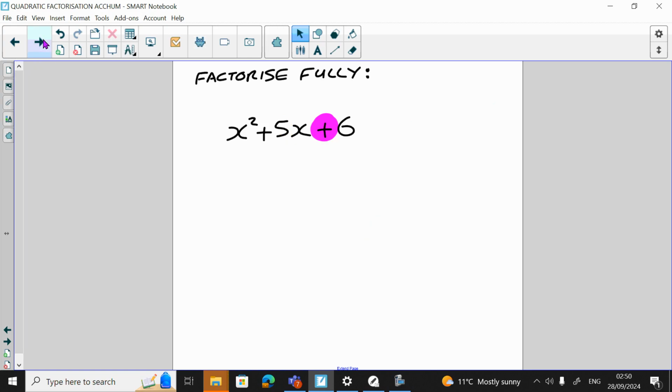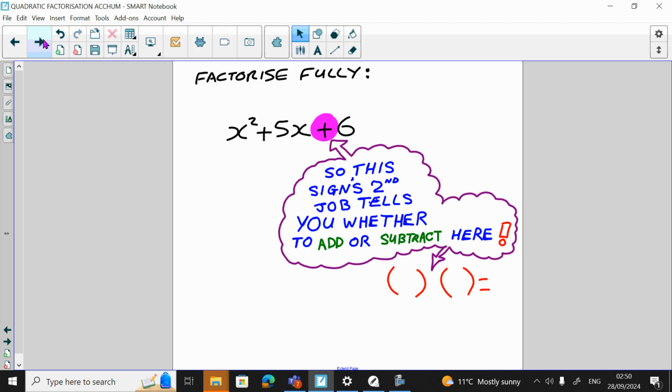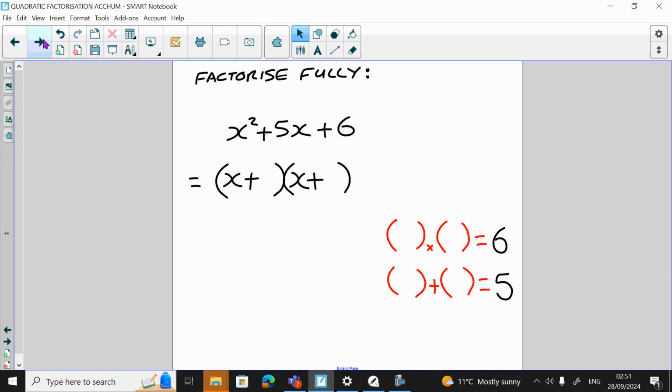So here, like we're saying, this is two jobs. It tells you about the signs in the brackets, and it tells you whether to add or subtract on the second check. So we're adding here. Right, so two numbers that multiply to give you 6 and actually add to give you 5.